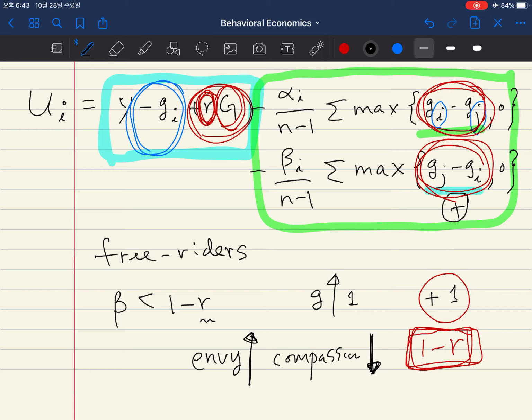Suppose the change in NV is 0 and there is only lower compassion in the inequality change; then this is the maximum possible gain he can get. In this case, if there is 1 unit change in compassion, he gets a benefit of beta.